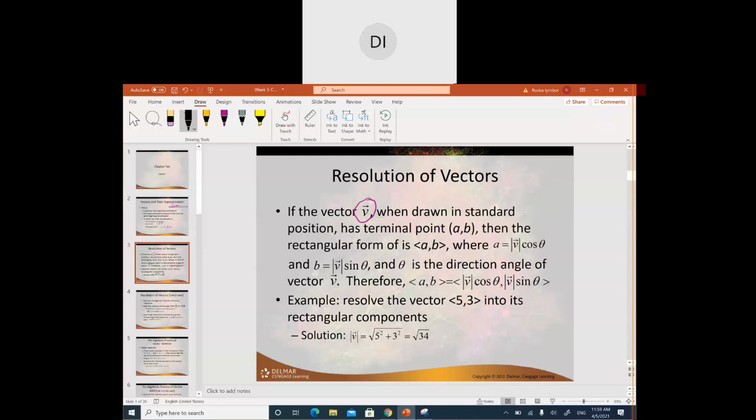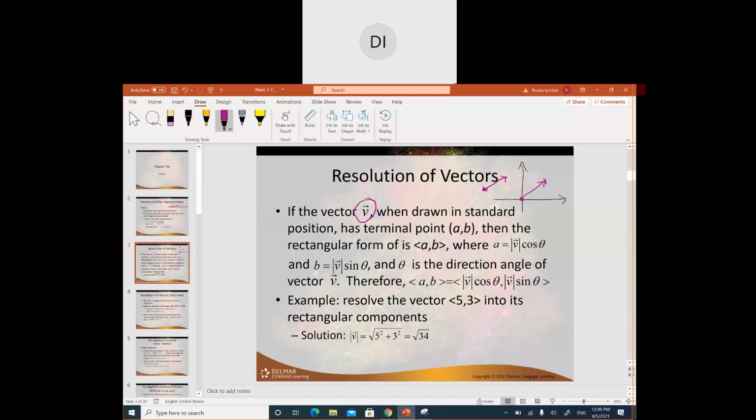So you have a vector somewhere, it doesn't matter where the vector is. Let's say this is my vector from here to here, right? That's my vector. If I want to put it in standard position, I'm going to take it and translate it to start from the beginning here. It's going to be parallel, the same direction, and it's going to have the same length. So you measure the length from the beginning to the end, it's going to be the same.